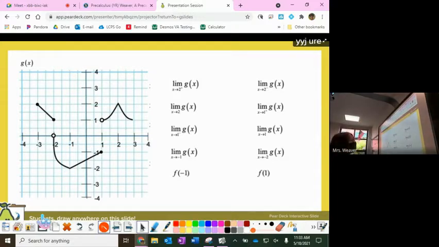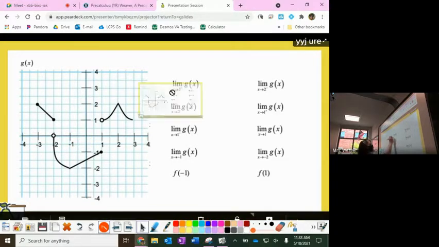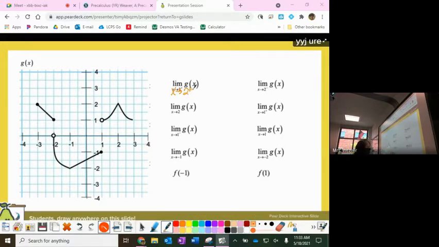So let's try this again. I'm going to let you guys help me with this. Let me write it big on the screen so you know what we're actually looking for. So this first one is the limit as x approaches 2 from the right. And they called this function g of x, as x approaches 2 from the left and as x approaches 2 overall. Okay.